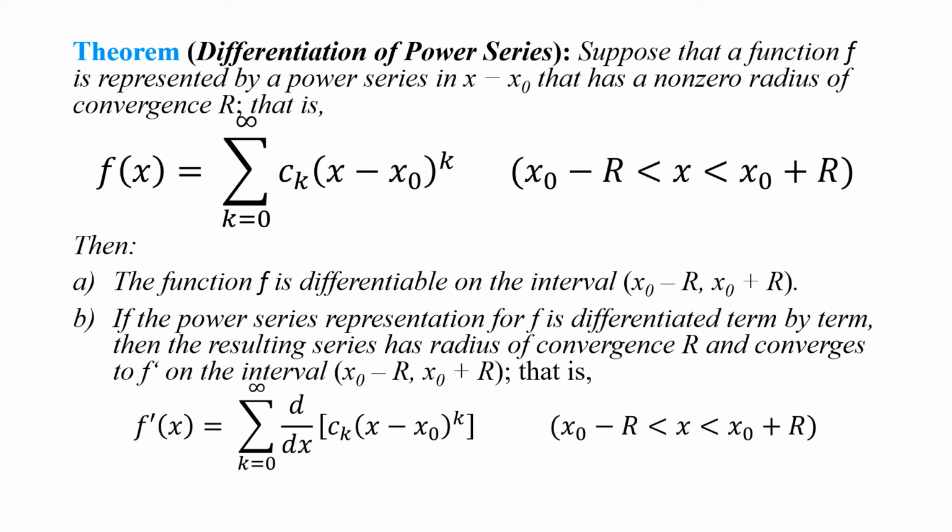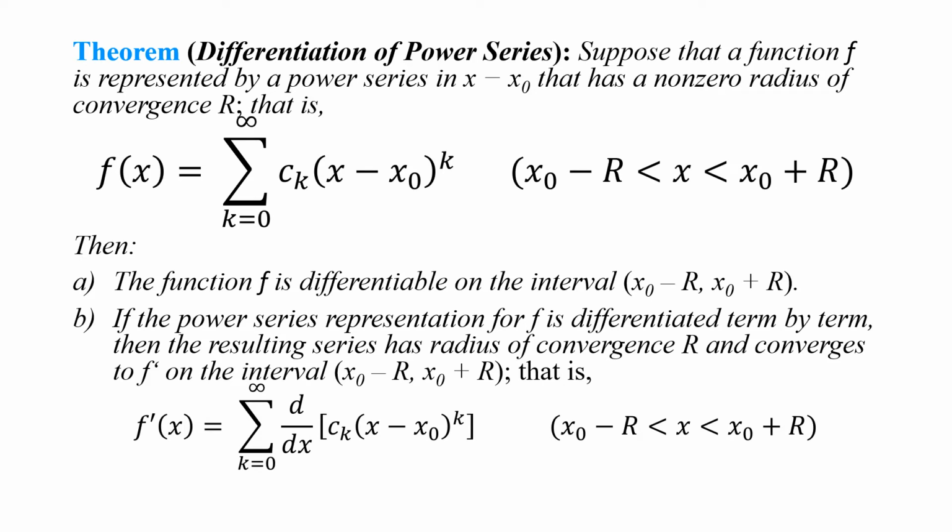That is, the first derivative of f of x is equal to the summation of d over dx of c sub k times the quantity x minus x sub 0 raised to k from 0 to infinity, on the interval x greater than x sub 0 minus r but less than x sub 0 plus r.